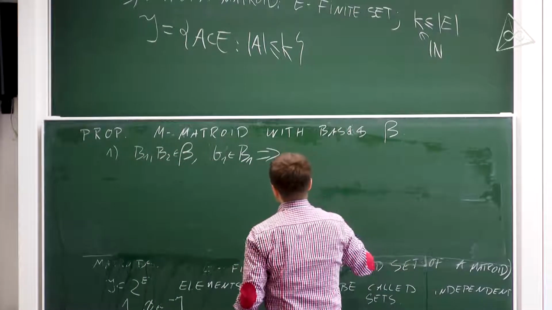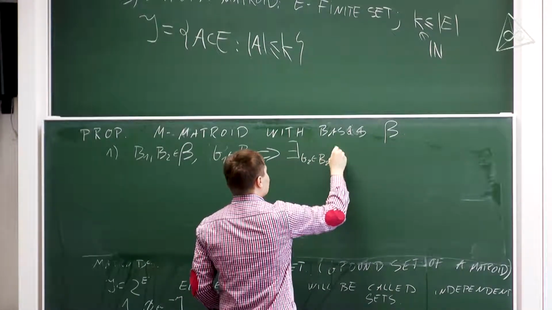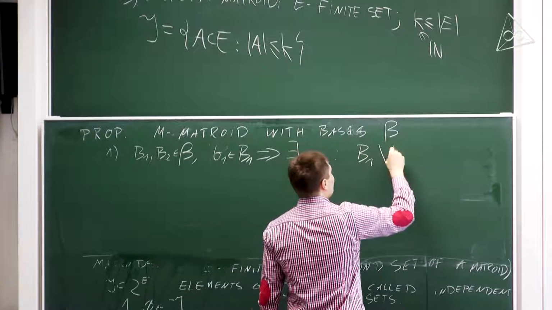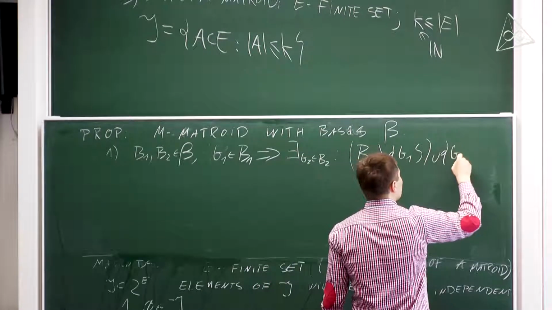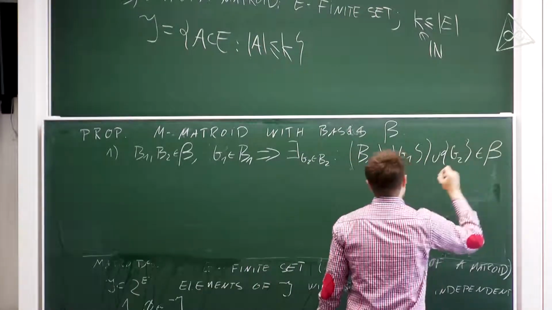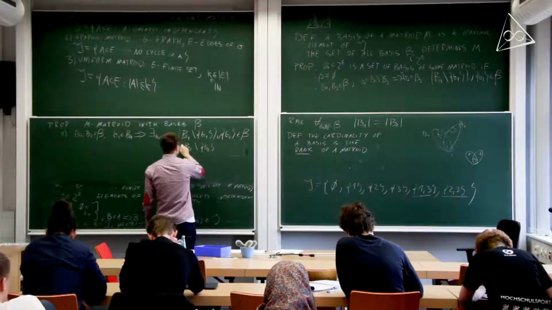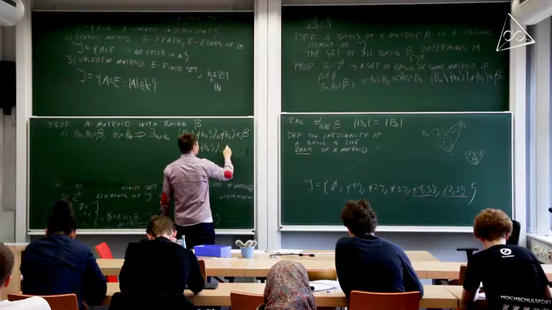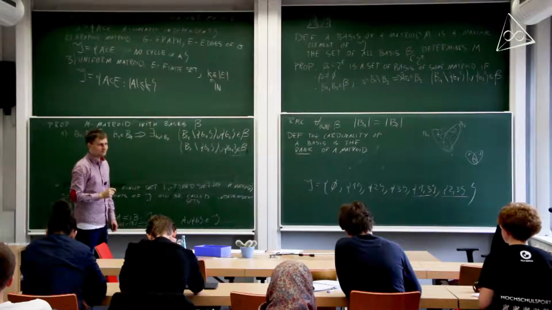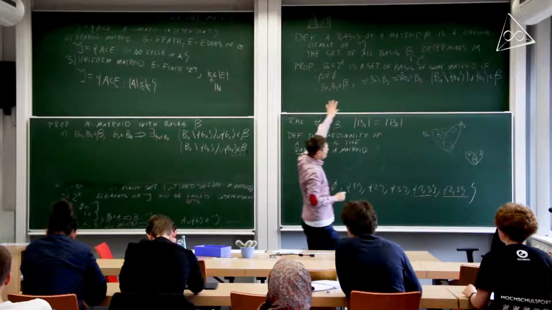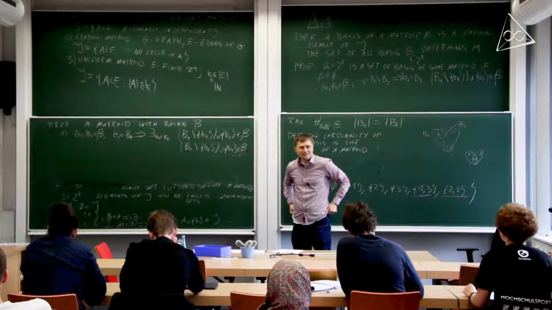Not only does there exist a b2 in B2 such that if we forget b1 and add b2, we get a basis, but also if from B2 we forget the element b2, and add b1, we get a basis. So we only assume this, but we can conclude more. Isn't it amazing?